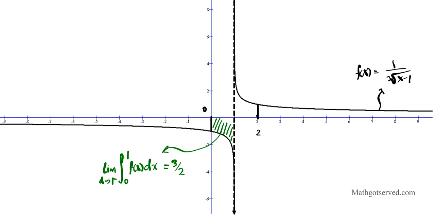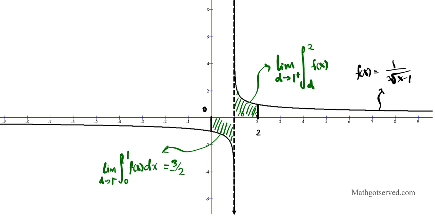And then we also did the right side, the integral on the right, this piece right here. I'm sorry, this is negative 3/2 downstairs. And then we did this piece right here, which is the limit of an integral, because we have an infinite discontinuity on the lower limit of integration. So we had the limit as d approached the infinite discontinuity, which is 1 from the right, of the integral from d all the way to 2 of f of x dx.